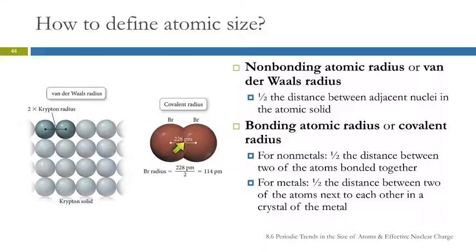This is going to be smaller than a van der Waals radius or a non-bonding radius, because that bond pulls the nuclei together. Which one you look at depends on what kind of stuff you're interested in. So I just want you to know that different ways of defining the radius exist.